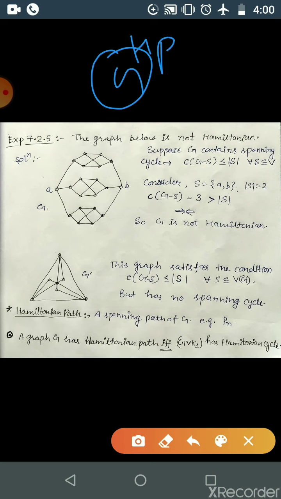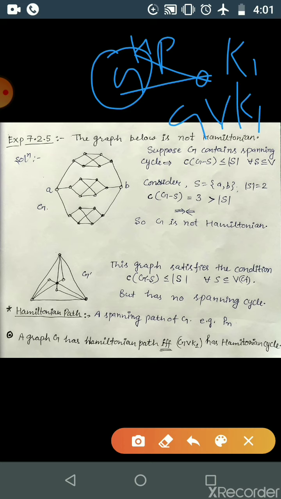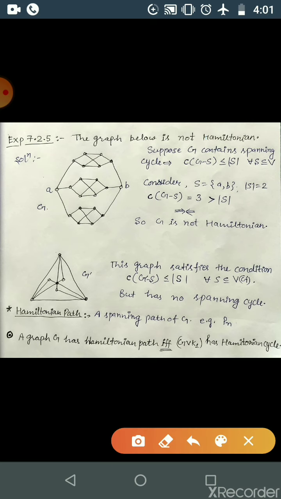This is not a cycle, because the first and last vertices are non-adjacent. So we take the trivial graph and form G join K1. This will form a Hamiltonian cycle, but its order will be 1 greater than the path. If P4 is there, then the cycle will be of order 5, because one vertex is added. So this is the if and only if case.